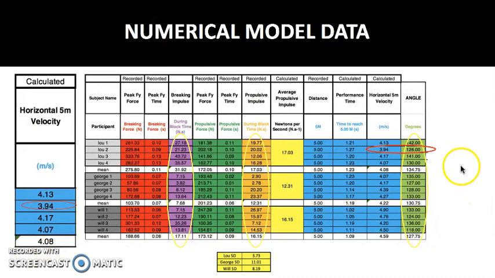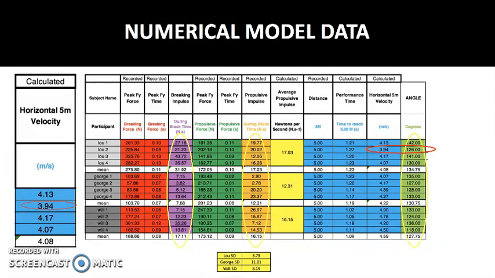This would imply, therefore, that the smaller the angle, the smaller the velocity. This might be more relevant when looking at a technical model, so you can compare the technique of the angle at the knee. But I'm actually going to focus on the propulsive impulse compared to the braking impulse.